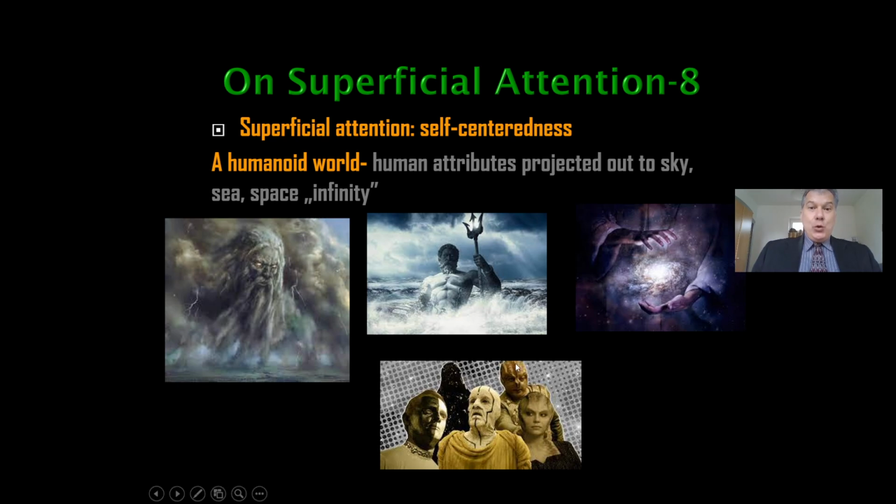So if you are anthropomorphic, if you are a human, okay, then you imagine that everything else is a human. The sky, the sea, the physical universe, okay, or far away living beings.